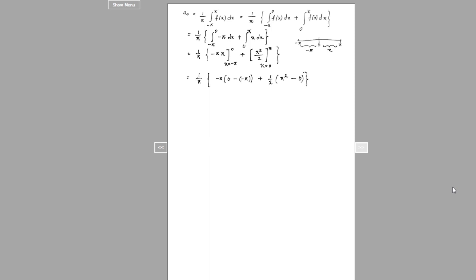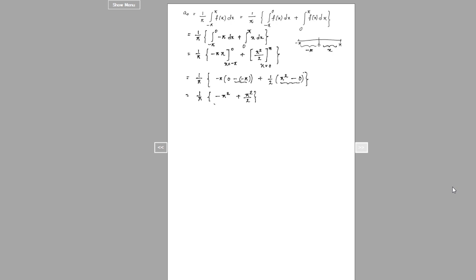Now if we simplify this, 1 by pi times of minus into minus, it is plus pi, plus pi into minus pi is minus pi square, plus here pi square minus 0 is pi square, divided by 2 is there, so it is pi square by 2.